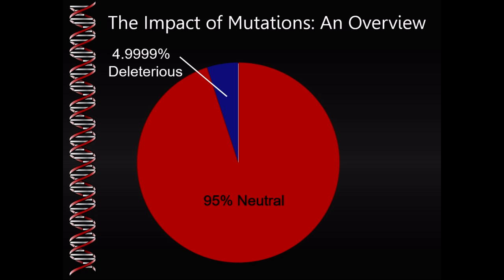Now, those neutral mutations, the 95%, are not subject to natural selection, because natural selection works to either remove negative mutations or make beneficial mutations, positive mutations, become more and more common until they're spread throughout the population. So these 95% of neutral mutations have no force of natural selection working on them. But these 4.99% of deleterious mutations have strong natural selection working against them.